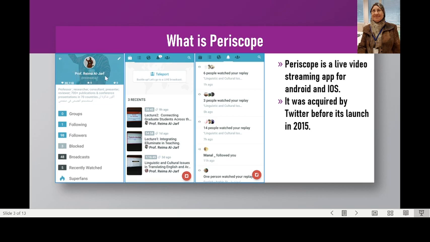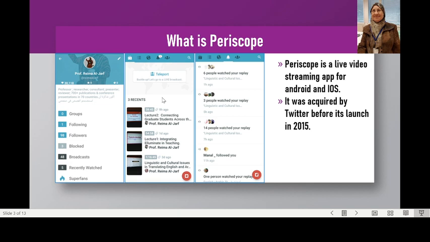You can find my name and also my picture and 30,000 hearts, and it tells you about the number of groups, how many people I'm following, my followers, the number of broadcasts, and other things.